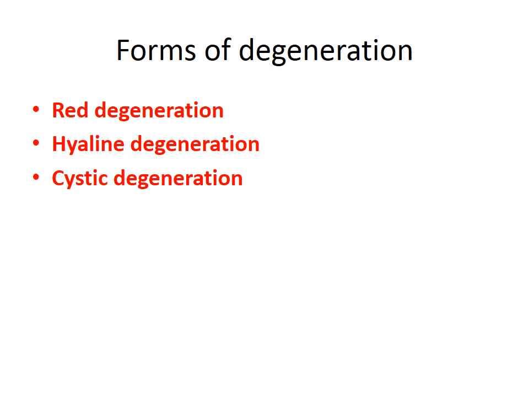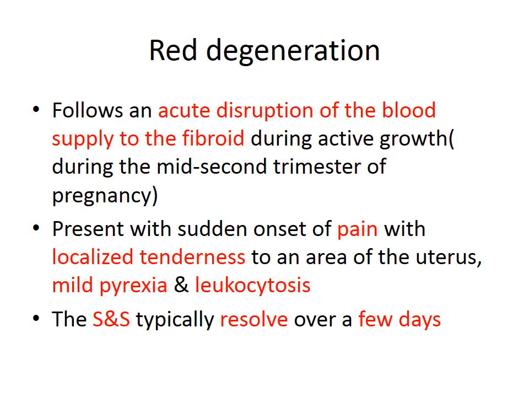These are the degenerations. Degeneration might present in different forms: red degeneration, hyaline degeneration, and cystic degeneration as well. Red degeneration happens when there is an acute disruption of the blood supply to the fibroid, especially during its active growth, that is to say, during the mid-second trimester of a pregnancy.